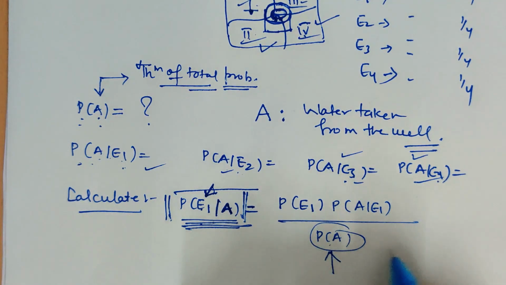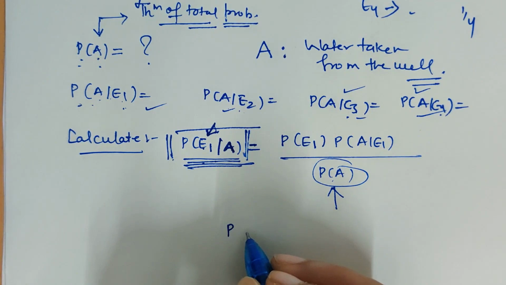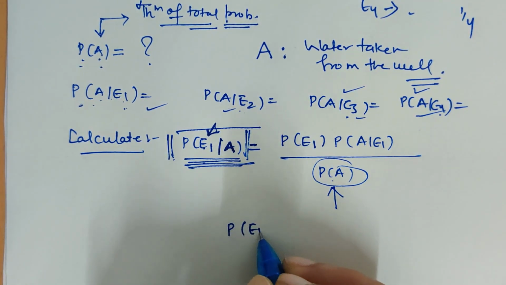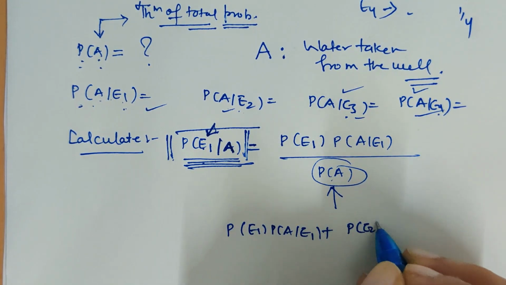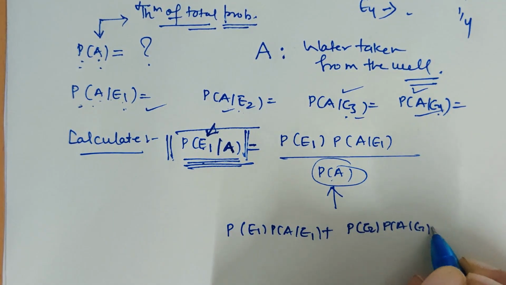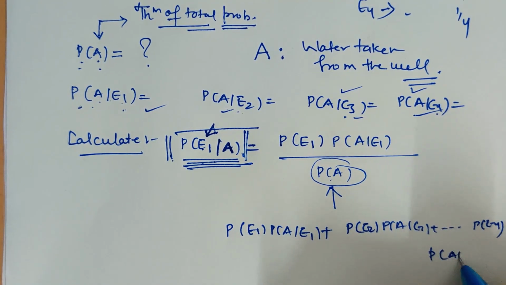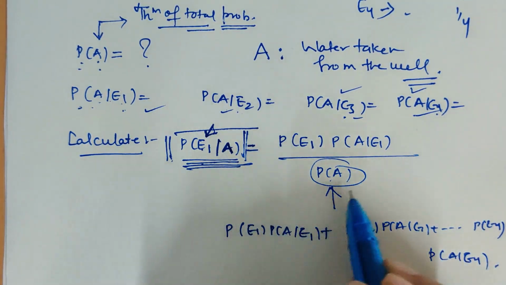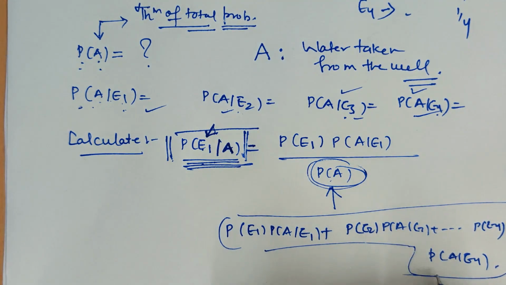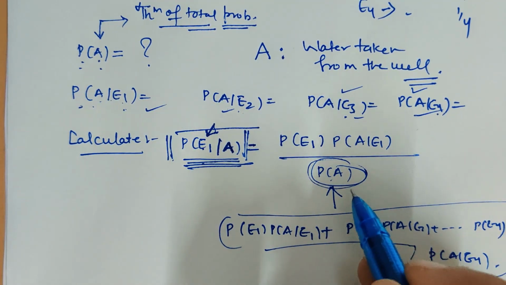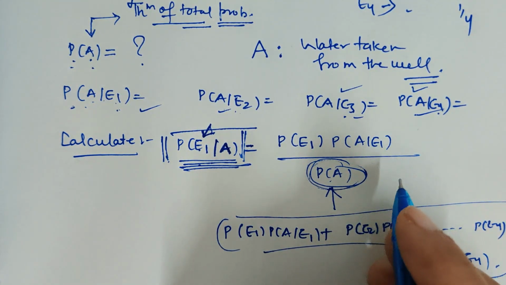It will be expanded as probability of E1 into probability of A given E1, plus probability of E2 into probability of A given E2, plus, till probability of E4 into probability of A given E4. Probability of A is the compact notation, but actually it has this expansion, and it is the notation for the theorem of total probability.